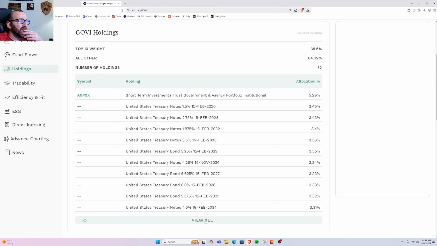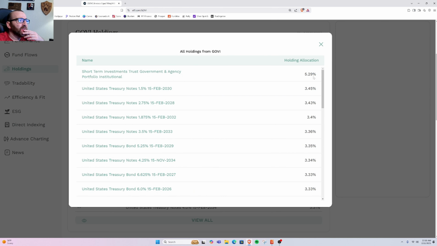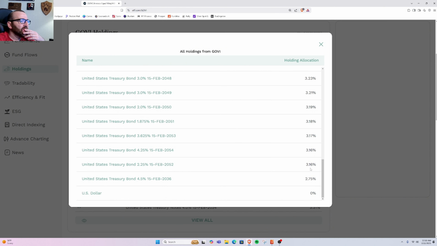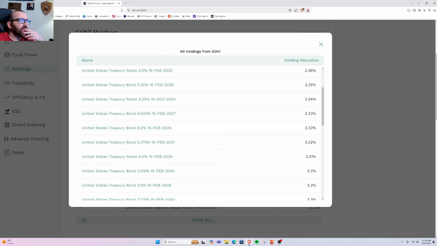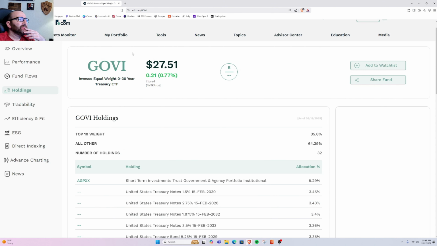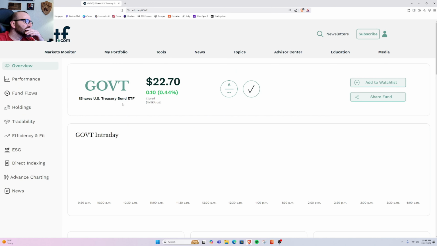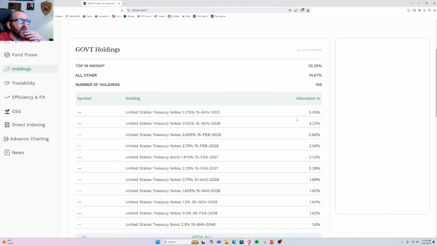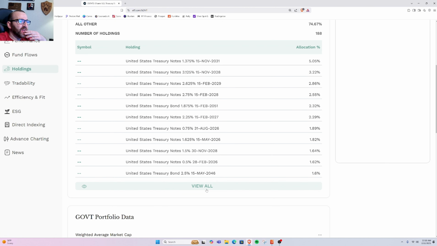Okay, so the GOVI holdings, you see everything is on here. It's roughly around 3%. At this top one here, short-term investment, government agency portfolio, institutional, whatever. But it's mostly at 3%. And if I look at the GOVT, the same thing, all the holdings, these percents go down a lot.